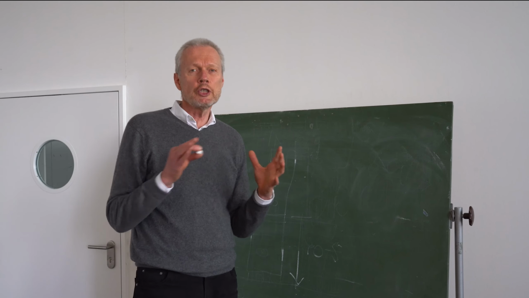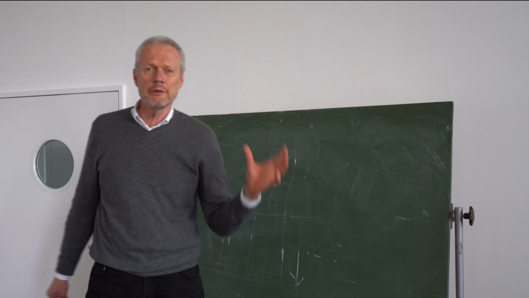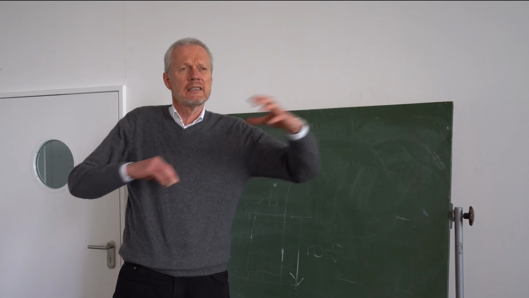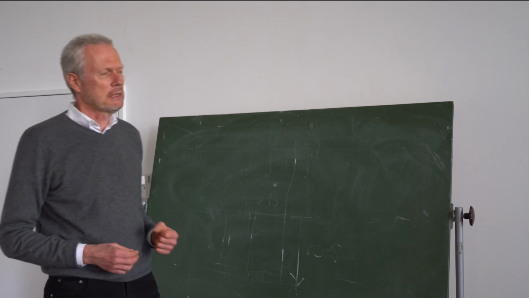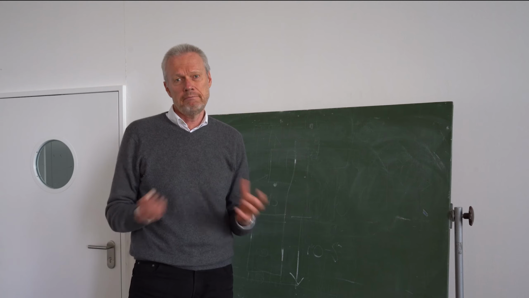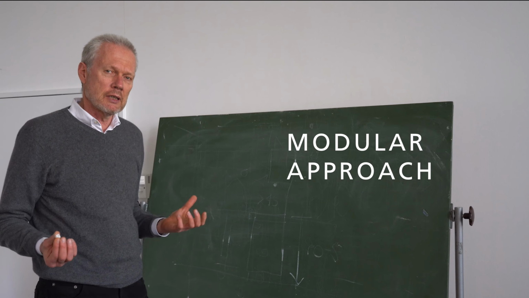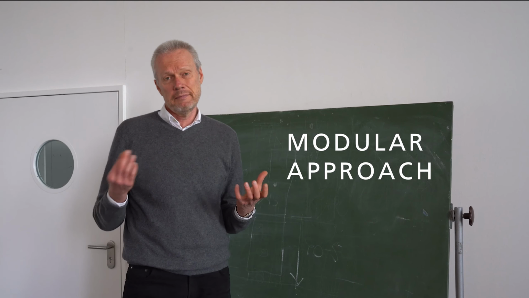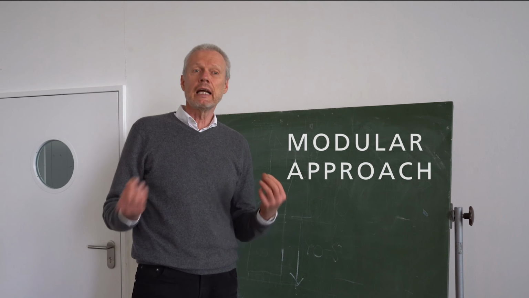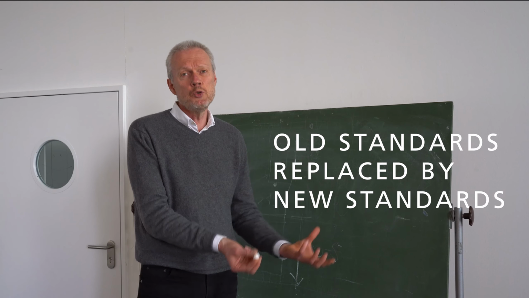I'm trying to coordinate all these elements that are available on the building market, go to a fair to take a look at them. It's infinite, a lot of elements, and to coordinate them by a modular approach.